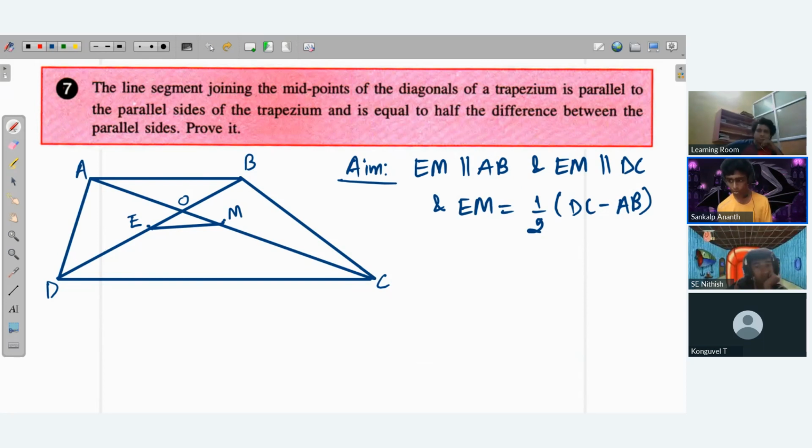There are also points on the parallel line of the midpoint which connects with the midpoint of the trapezium. So when you connect those two points, they should be parallel to DC and AB, right, sir?